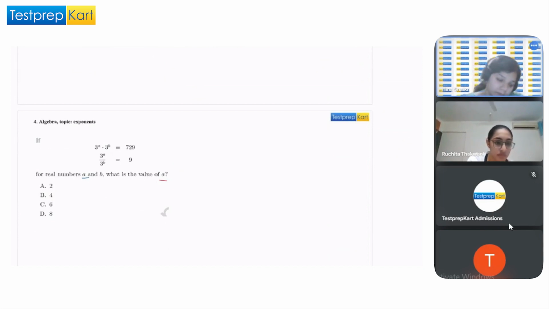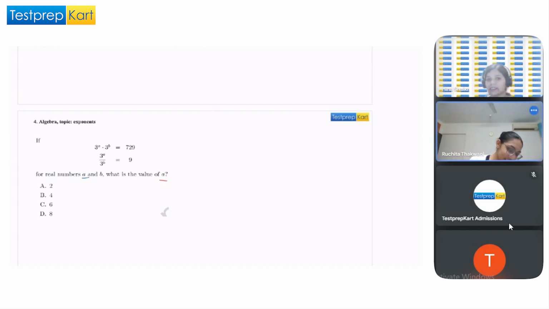To solve it, see, the options are given in numbers, not in the form of A or B. Are you getting any equation in that? Yeah, I'm doing the linear equation. Correct, you're on the right track. But I'm getting way too high numbers.